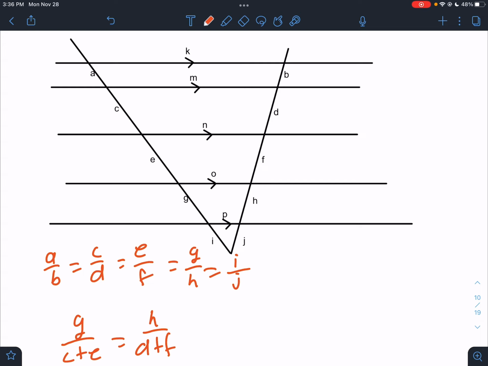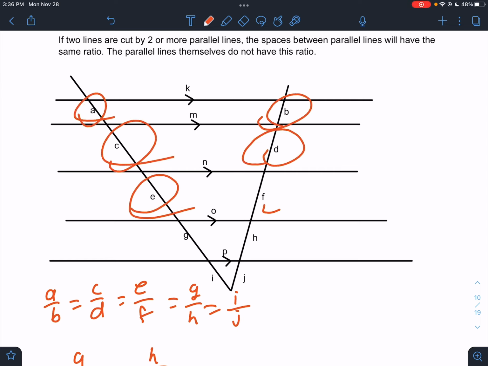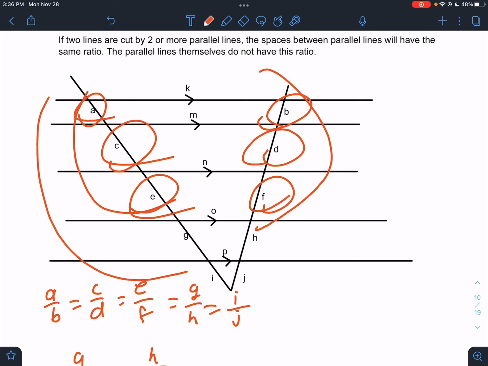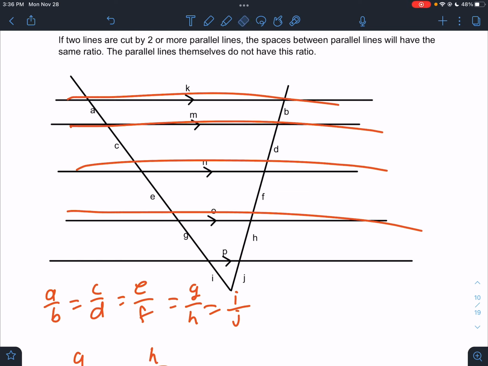So what about all these? Those don't have to be the same ratio. It's the space between the parts, right? Like if you're a chef and you're cutting up things, as long as every cut is parallel, all of the pieces will be the same ratio. All the lefts over rights will be the same ratio. Any combination of left over right is the same ratio. But the actual knives that you're cutting with, the parallel lines, they don't have any of those same rules.